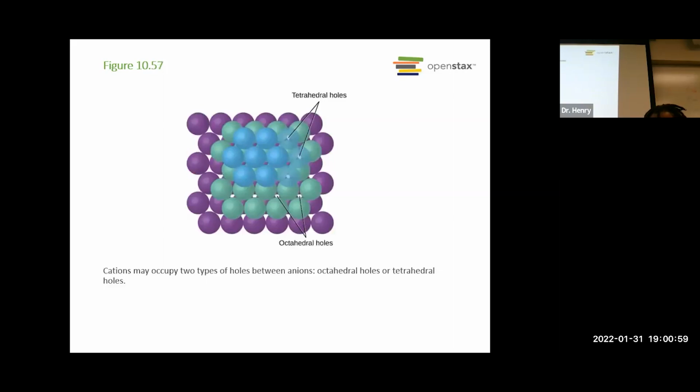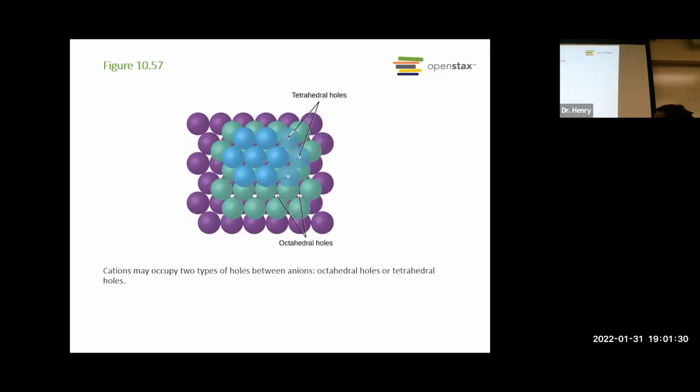Okay, and this is just showing us that when we're talking about those cations and those anions and how they would organize themselves depending on the structure that they're in. So here, this is just showing that a cation may occupy 2 types of holes between an anion. So it could be an octahedral hole or a tetrahedral hole.